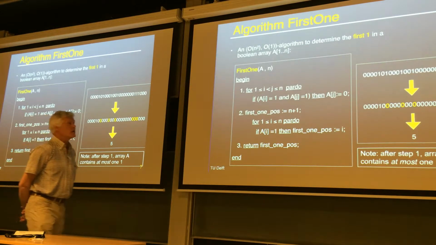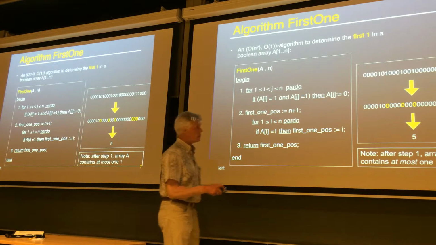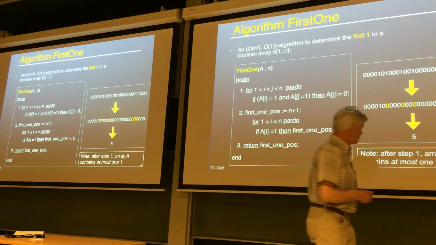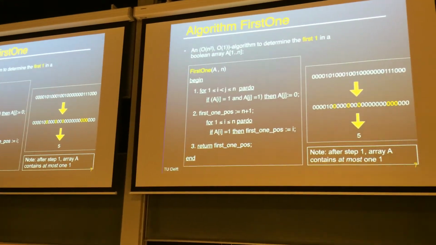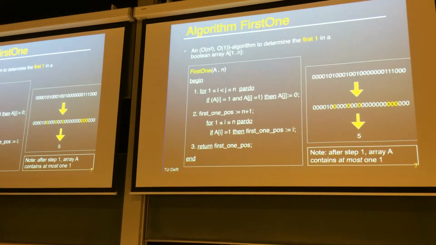So here is the operation going on. After step 1, array A contains at most 1. So all these index positions now are changed into 0, except for this position, and it's easy to find this index position by the second statement.